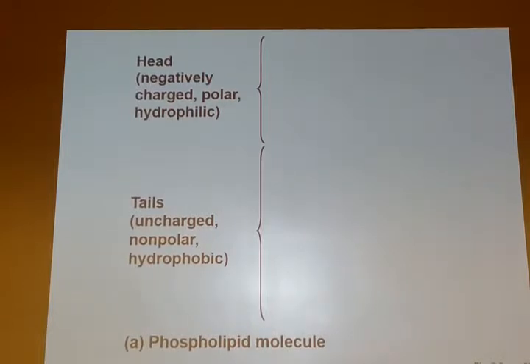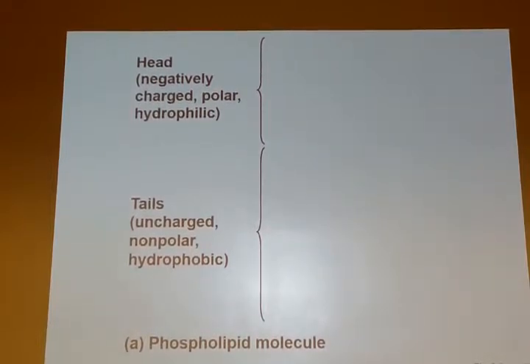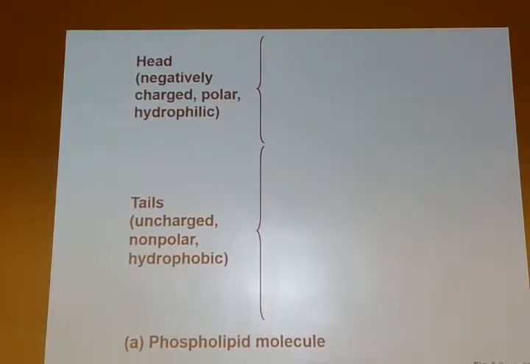You could put amphiphilic, which means this molecule likes water and it likes lipid in each part of it. You could also say it's amphiphobic because this doesn't like lipid and this doesn't like water. So it has characteristics of both. And then just to make it even worse, sometimes they call it amphipathic.